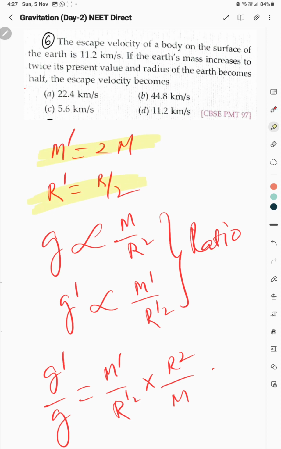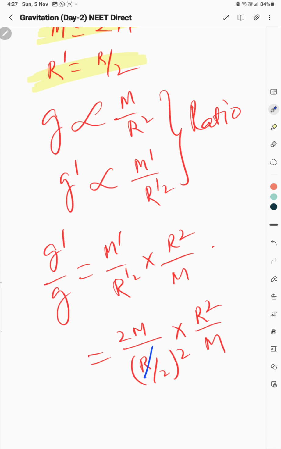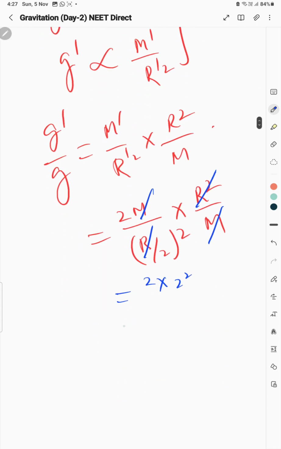Make these substitutions. That is, in place of m you will write 2m, and for r prime you write r by 2 whole square. Now start simplifying. This r square cancels out, this m cancels out, and what you have now is 2 into 2 square, which is 8. So g prime is 8g.